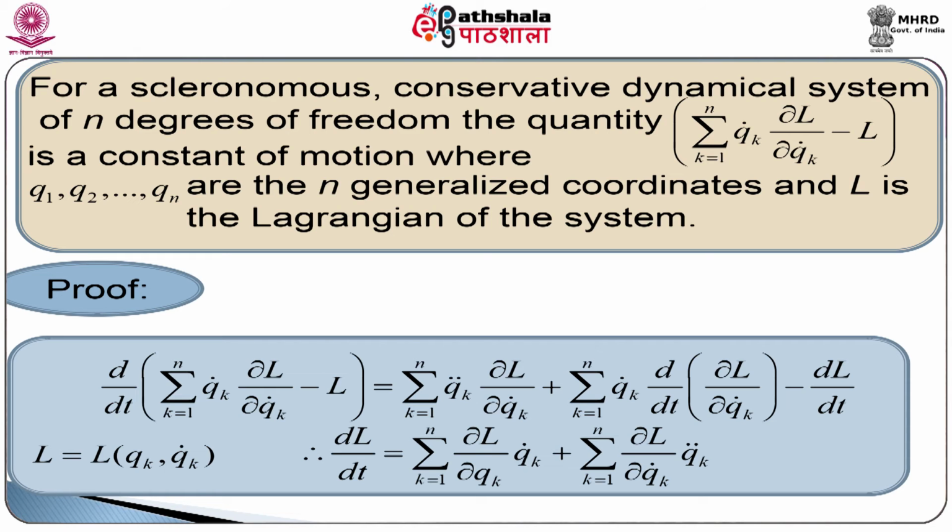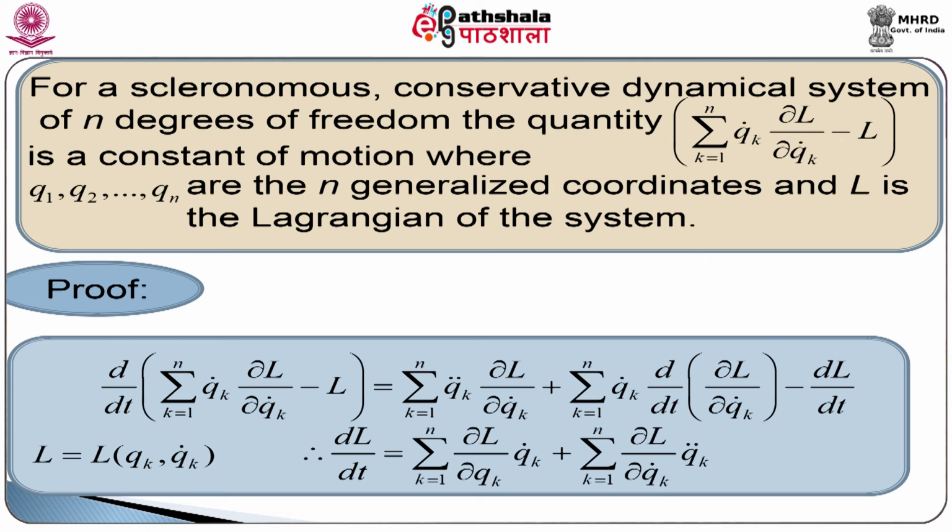Keeping del L del qk dot fixed, we get summation over k qk double dot into del L del qk dot, which is the first term of the right hand side. Next, keeping qk dot fixed, we are taking the time derivative of del L del qk dot. This has been written in the second term of the right hand side. Next, we get d/dt of L. This is the third term of the right hand side.